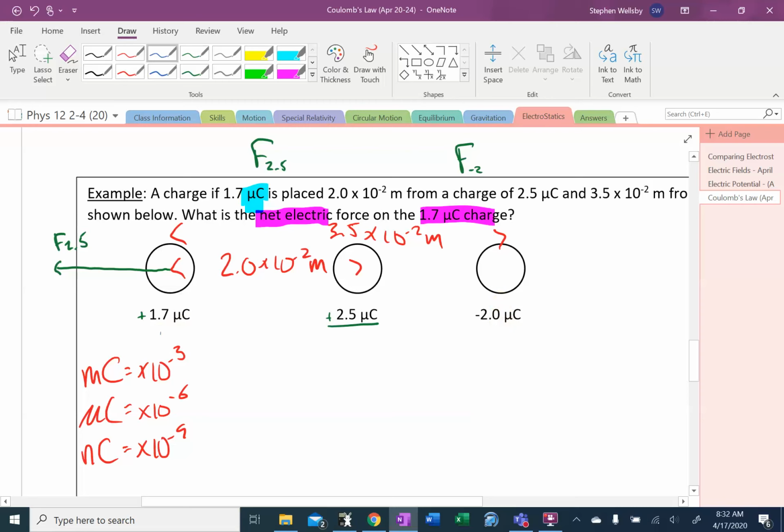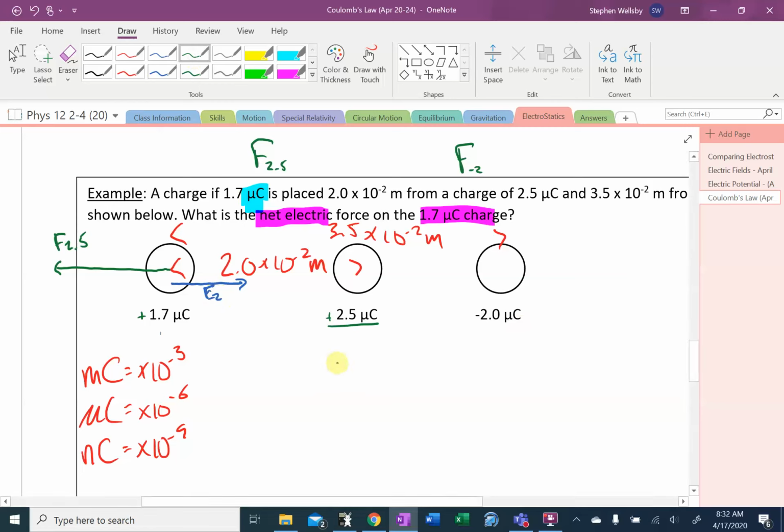Well, positive and negative is going to attract, and so there's going to be this force here. Now considering this charge is smaller in magnitude than this, and considering it's further away, we can probably guess right away that this F minus 2 is going to be the smaller of the two forces. But let's calculate what those are.